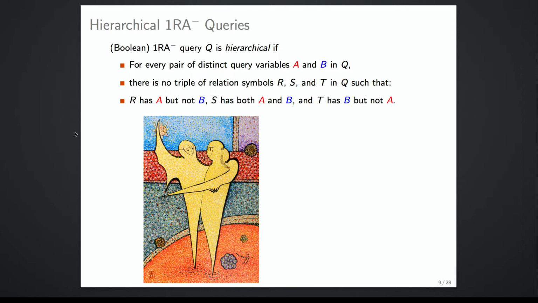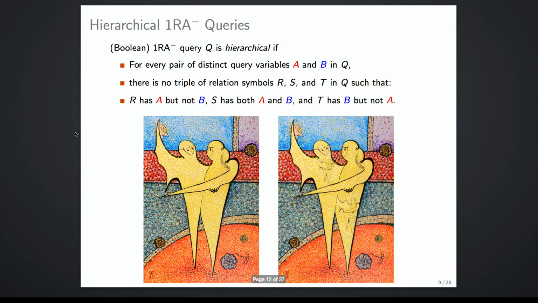Or, I actually took the liberty to destroy a bit the original painting of a former classmate of mine. I can take the same picture and put it at different places and inside itself. This means that I can do a join here as long as the query variables are covered by another relation which does a join with something else, and so on and so forth. So these things I can do.